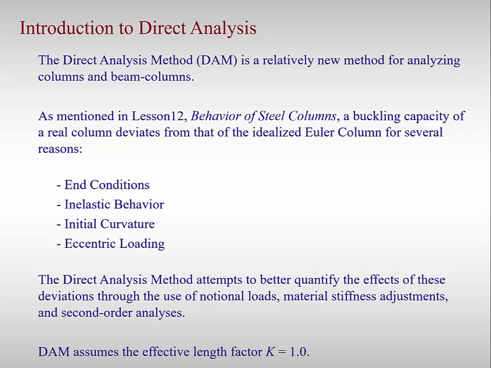What the direct analysis method does is attempt to better quantify the effects of these deviations. And it does so through what are called notional loads, also adjustments on material stiffness, and also the ability to do second order analyses. One important thing is that the direct analysis method assumes an effective length factor of 1.